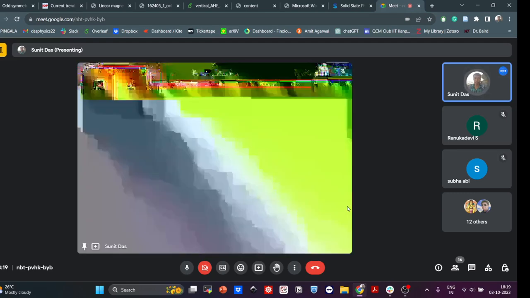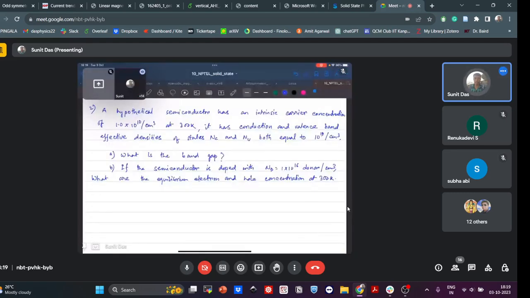So the next question is: a hypothetical semiconductor has an intrinsic carrier concentration of 10 to the power 10 per centimeter cube at 300 Kelvin. It has conduction and valence band effective densities of states, both Nc and Nv, equal to 10 to the power 19 per centimeter cube.